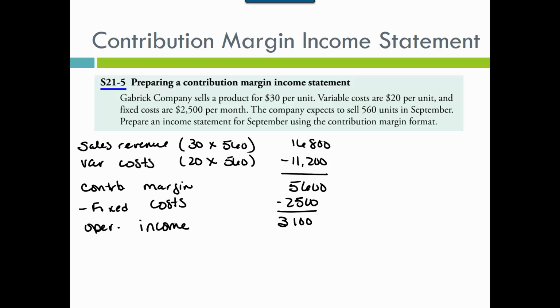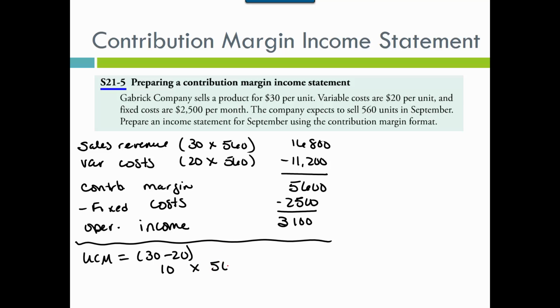And I just want to show you a couple more here. One of them is I can say, okay, my unit contribution margin is the selling price of 30 minus the variable cost. So it's $10 per unit is the contribution, and I sold 560 units, so I get total contribution of 5,600.